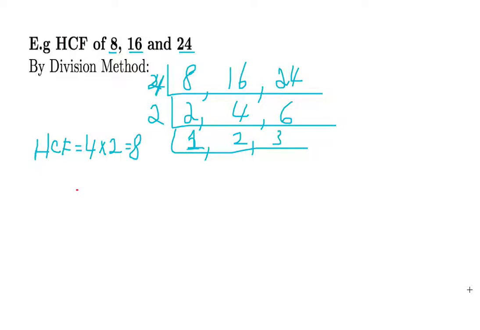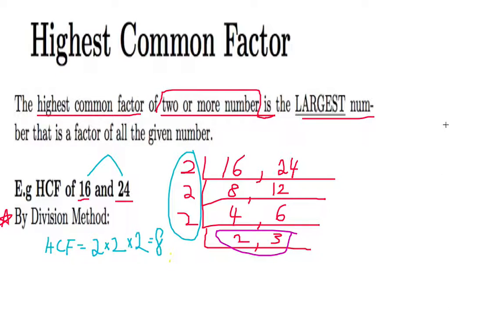Okay, so there's obviously another method to do this as well. Maybe you recall you have done this method before. Basically you list down all the factors. Say 16. So 1, 2, 4, 8, and 16. They're all factors of 16, correct? And then you list down all the factors of 24.